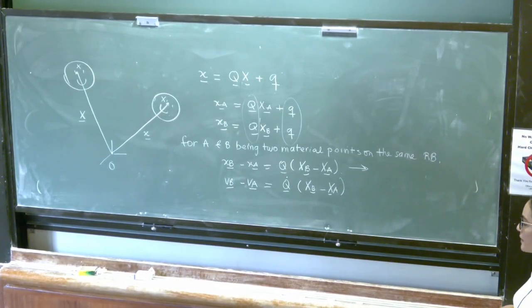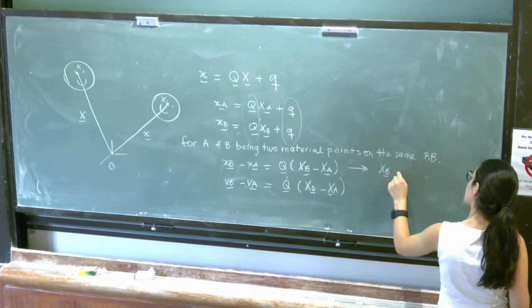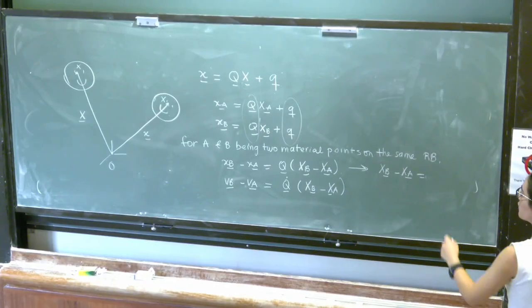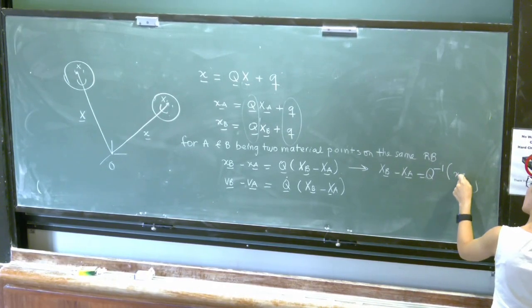Now this XB minus XA I can write as Q inverse times XB minus XA.